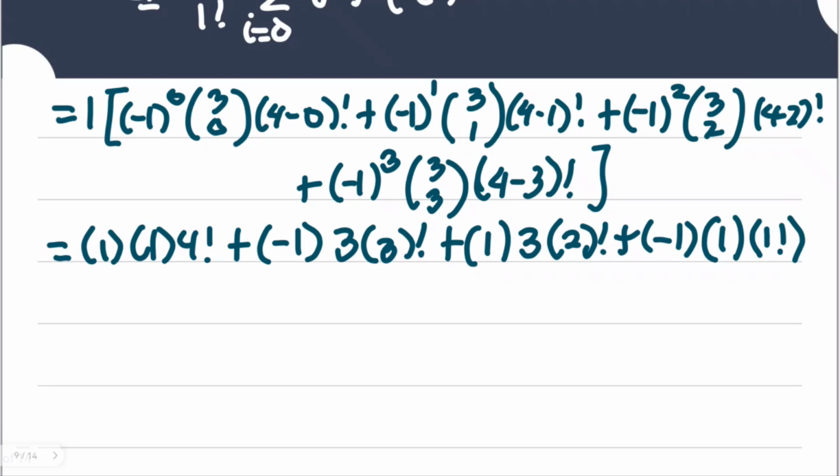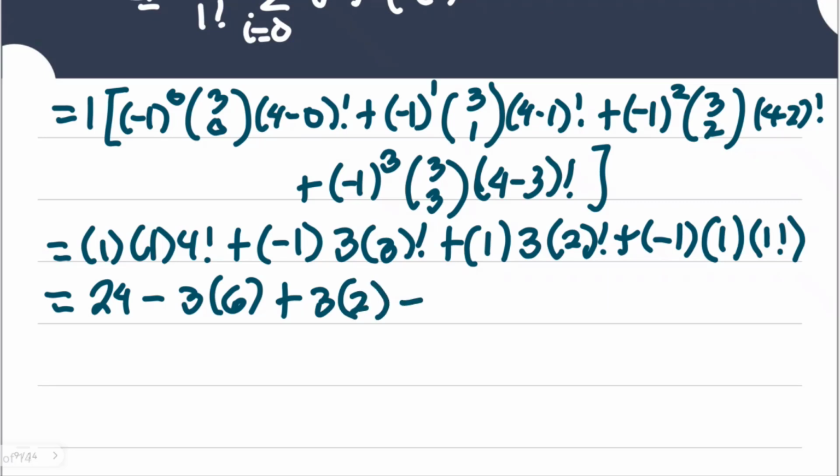By simplifying that, you will have 24 for 4 factorial, minus 3 times 3 factorial, which is 6, plus 3 times 2 factorial, which is 2, minus 1. This is 24 minus 18 plus 6 minus 1.